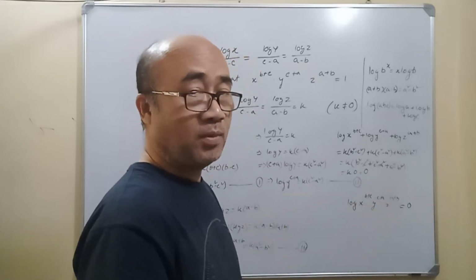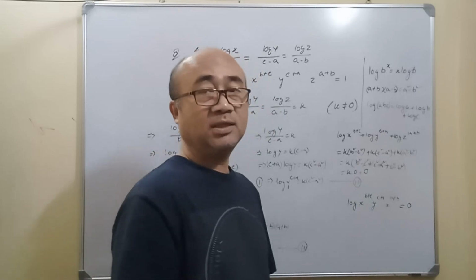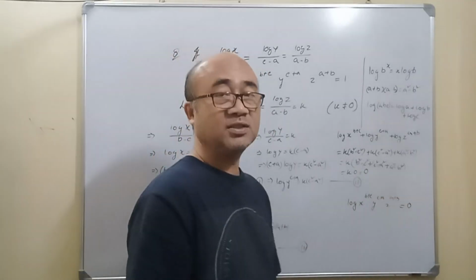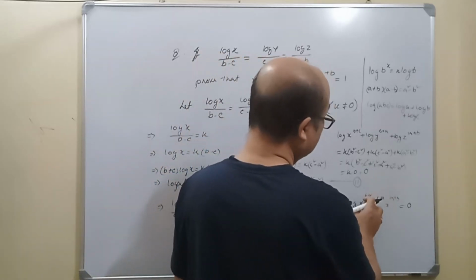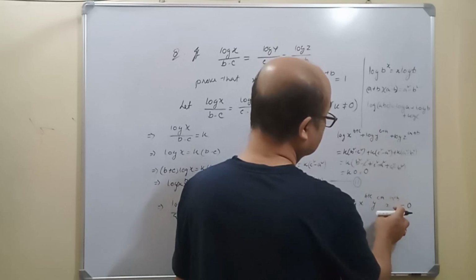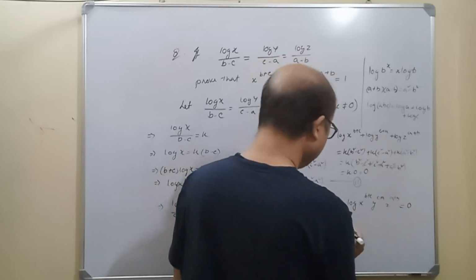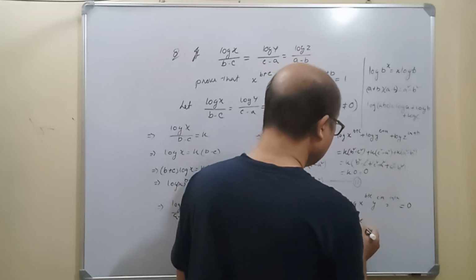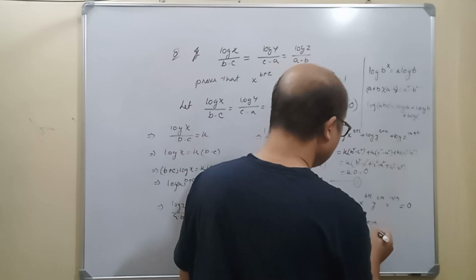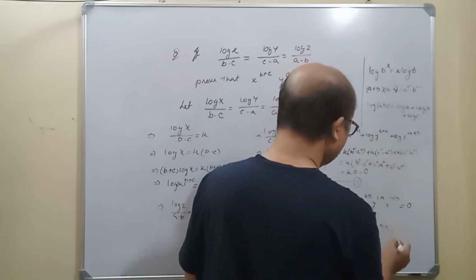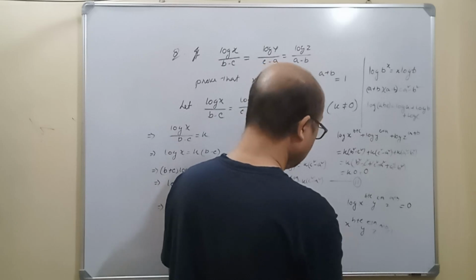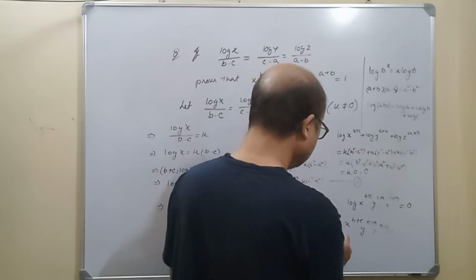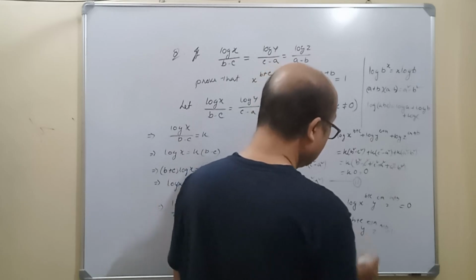Now, when the logarithm of an entity is 0, then the entity itself must be 1. If log x to the power b plus c, plus log y to the power c plus a, plus log z to the power a plus b is 0, then x to the power b plus c, y to the power c plus a, z to the power a plus b is 1, since log of 1 is 0.